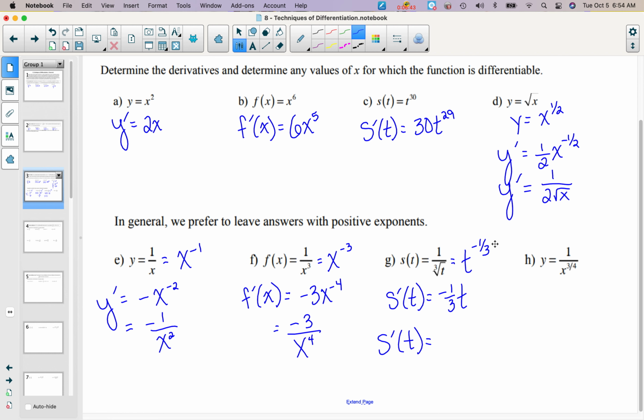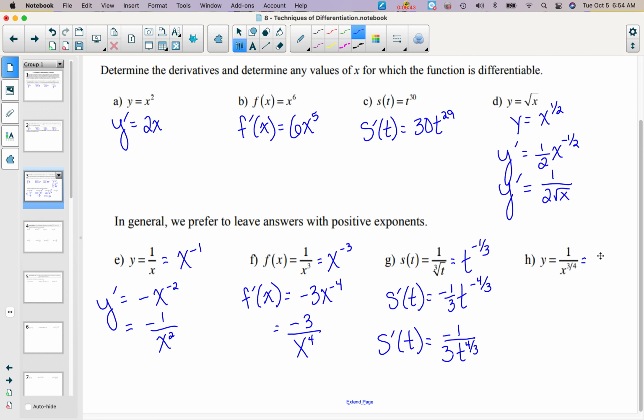Subtracting 1, which would be 3/3, gives me negative 4/3. Okay, so if I want to leave this as a positive exponent, I can just flip this and make it t to the 4/3. I'm just going to leave it like that, but with a positive exponent. All right, moving on.